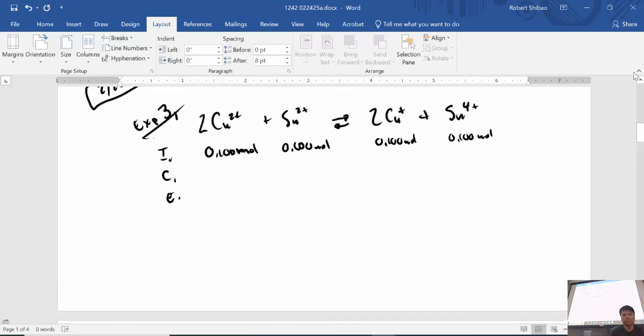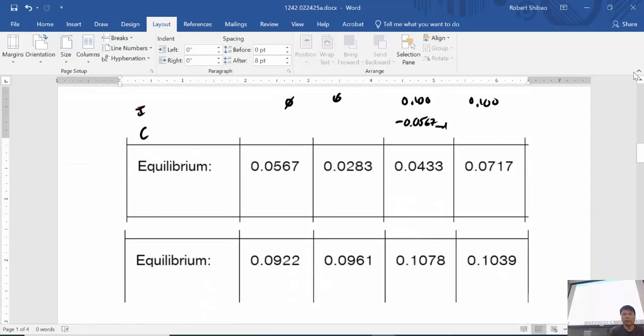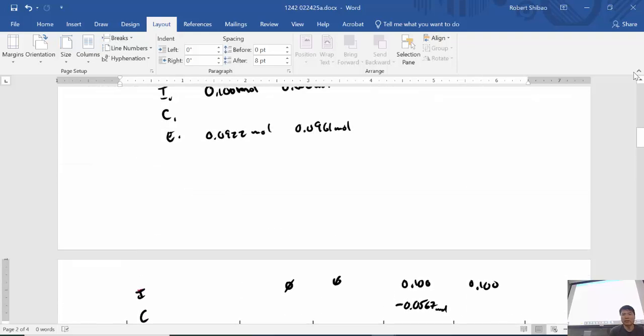961. For the products, we end up with 1078 and 1039.